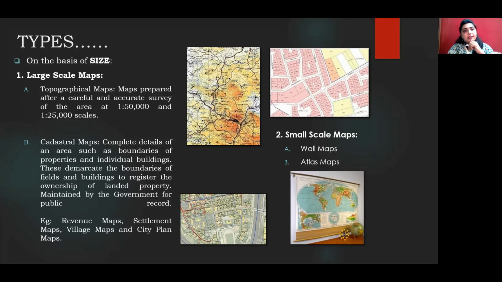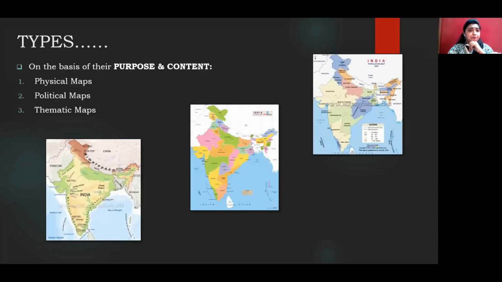Then you have the atlas maps. We all have the atlas books where all the different thematic maps have been given, based on either political, or physical, or population, or natural features, physical divisions. All those kinds of maps that you see in the atlas books are nothing but atlas maps.